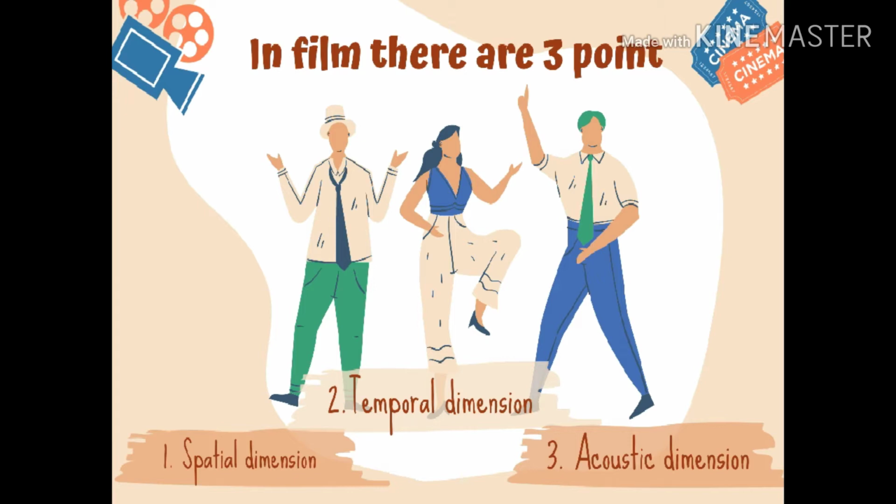In the temporal dimension, there are slow and fast motion, plot time, length of film, flashback, and foreshadowing. And the last, the acoustic dimension, includes dialogue, music, and sound effects.